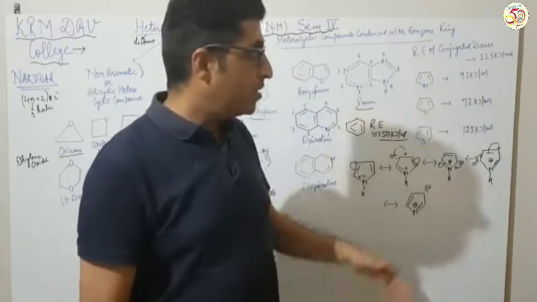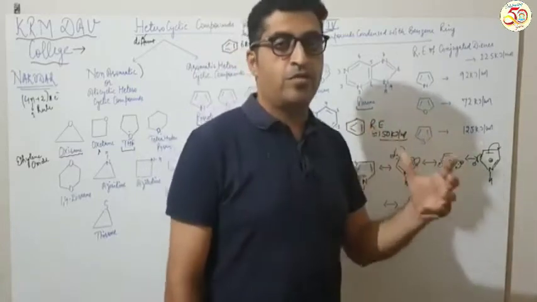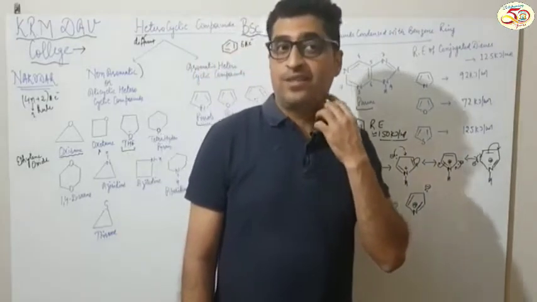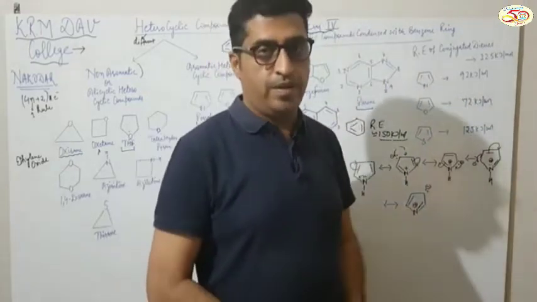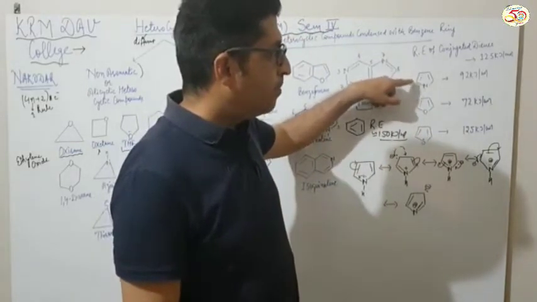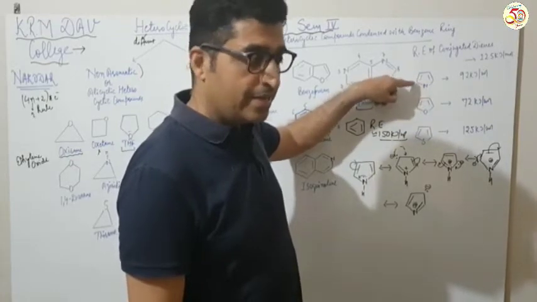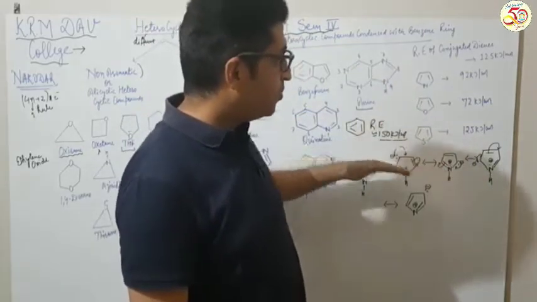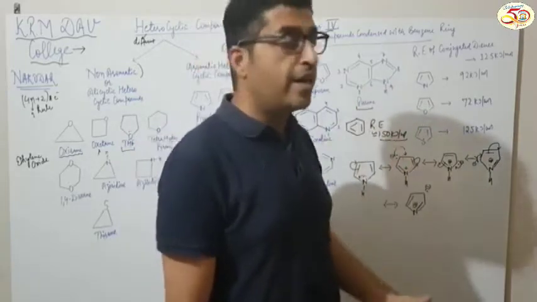The question arises, if we do a comparison, which molecule is going to show maximum electrophilic substitution reaction? So when we think like this, then we will be able to understand the subject properly. Let me answer this. I'm going to start with pyrrole, and I simply want to say that the most favorable reaction is electrophilic substitution, and out of these four molecules, electrophilic substitution is more prevalent in pyrrole.